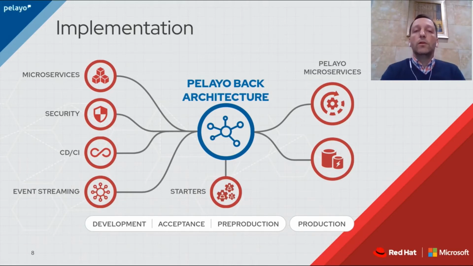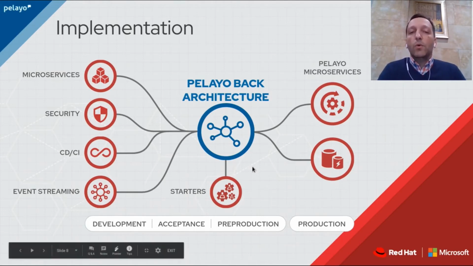The continuous integration and continuous deployment, we want to make our development and operation teams agile. So this new architecture is fully continuous integration and continuous deployment. A pull request acceptance magically deploys. And the event streaming, we wanted an architecture to handle all the new future microservices.